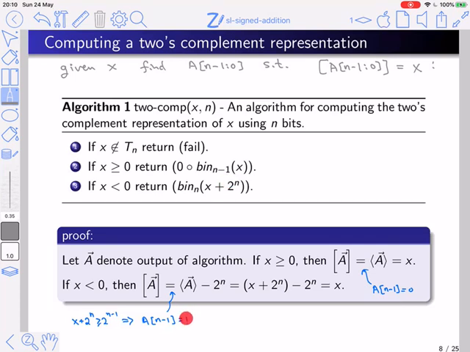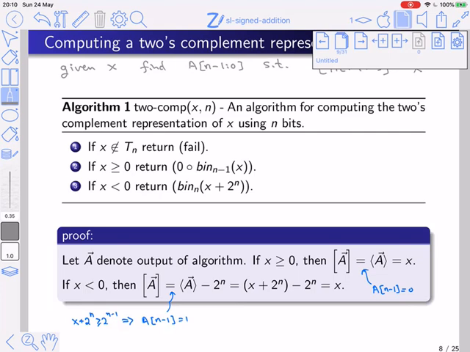But if the most significant bit of A is 1, then the number represented by A in 2's complement representation equals the number represented by A in binary minus 2 to the n. Now, the number represented by A in binary representation, by definition, is x plus 2 to the n. So we have plus 2 to the n minus 2 to the n. We're left with the x, and that completes the proof.